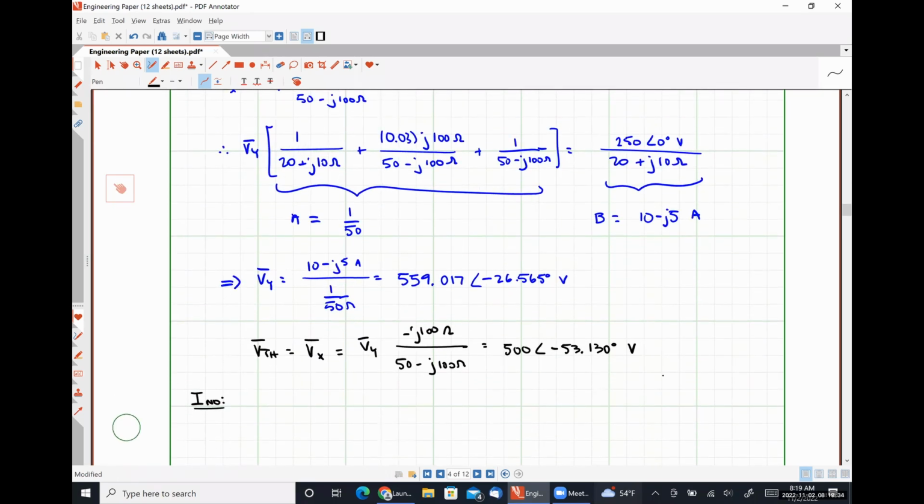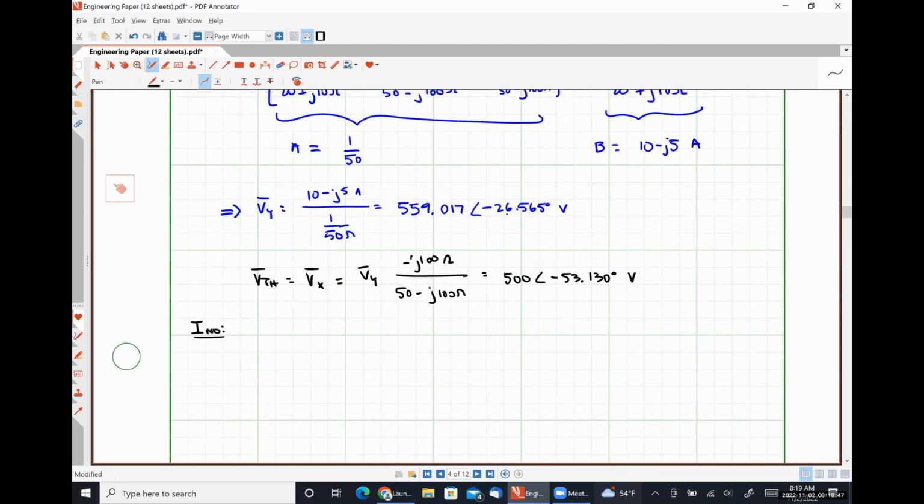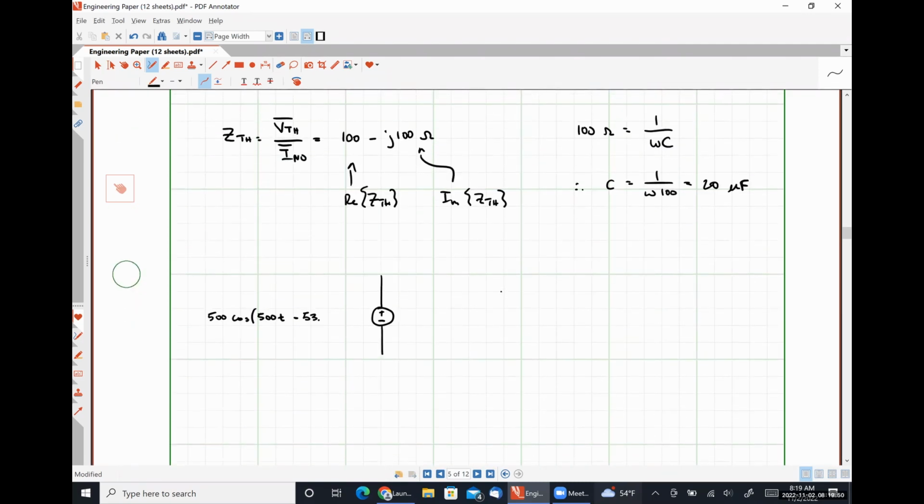So 500 cosine 500t minus 53.130 degrees volts in series with a 100 ohm resistor in series with a 20 microfarad capacitor in the time domain.